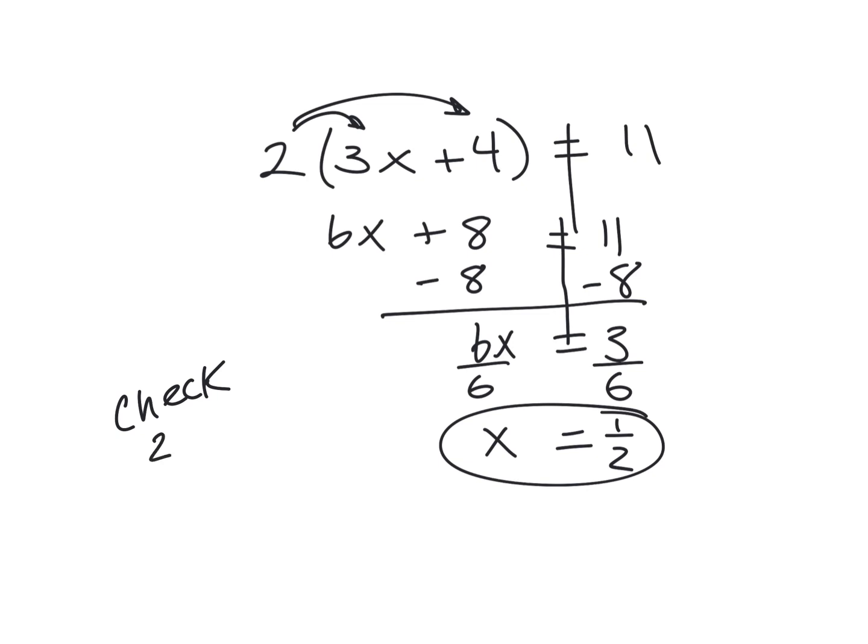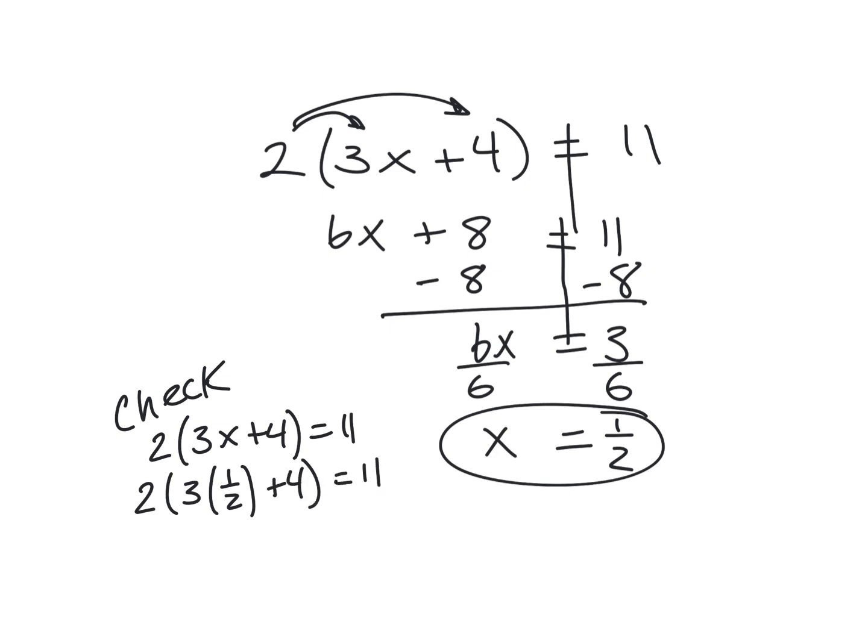Then to check that, I would do 2 times (3x plus 4) equals 11. 2 times (3 times 1/2 plus 4) equals 11. I could do 3 times 1/2 plus 4, or I could actually distribute this 2, which is what I'm going to do here.